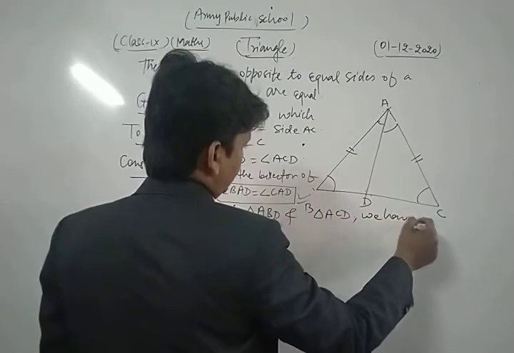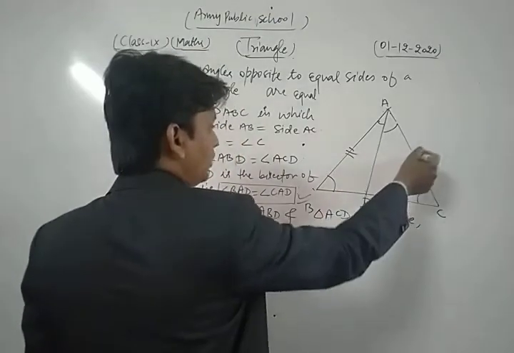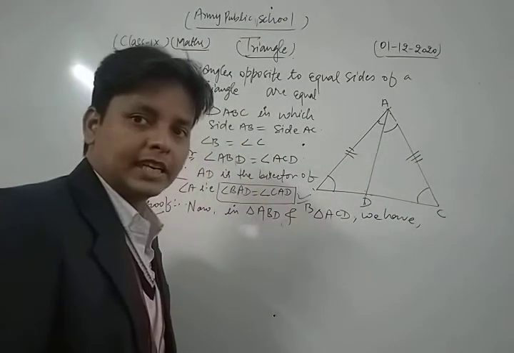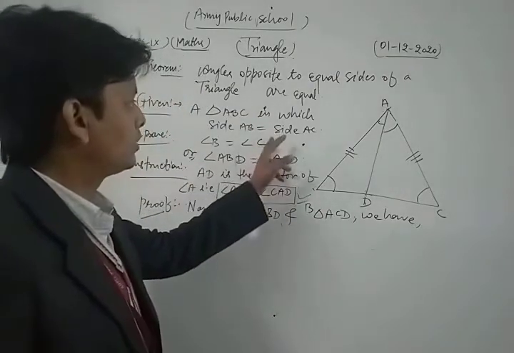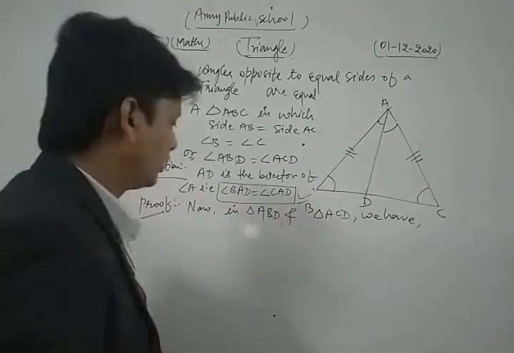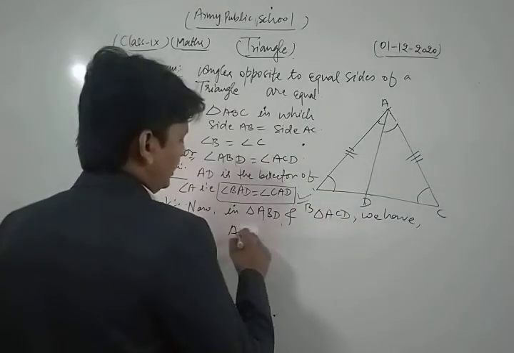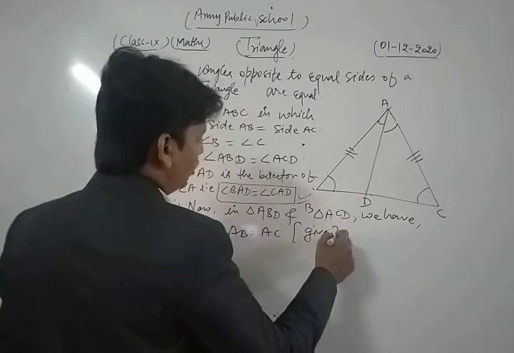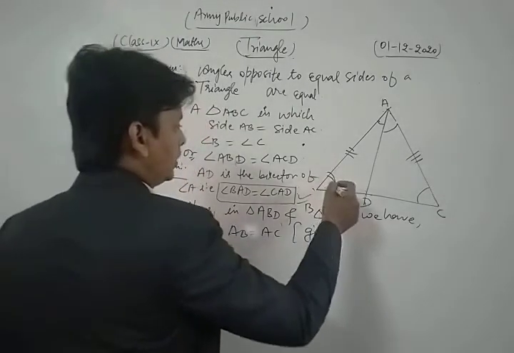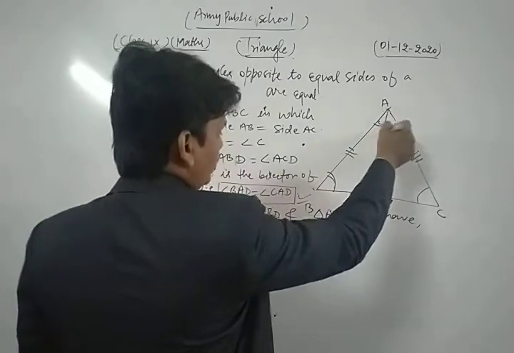AB is equal to AC. This is given in our theorem: side AB is equal to side AC.